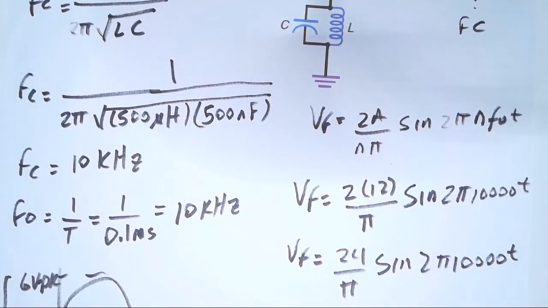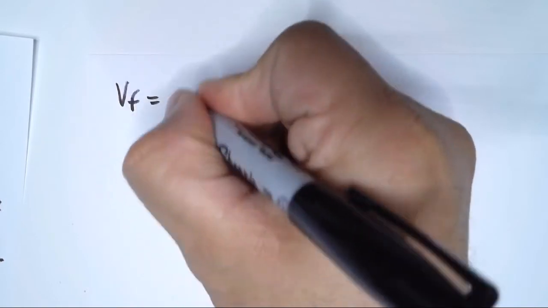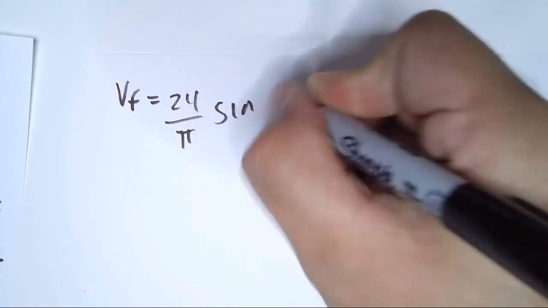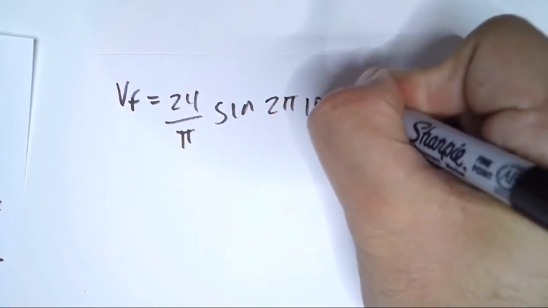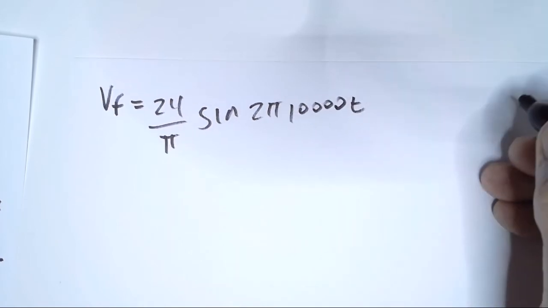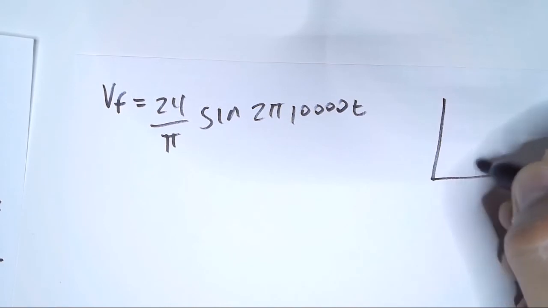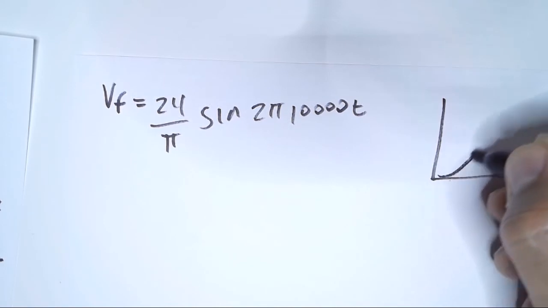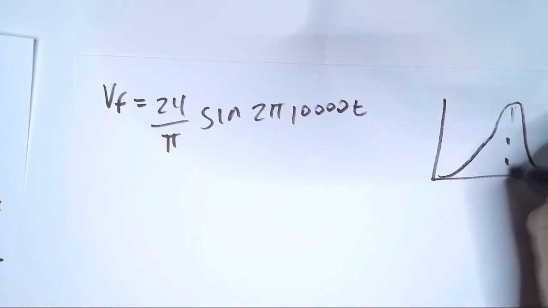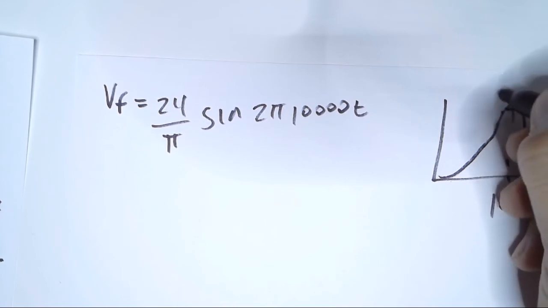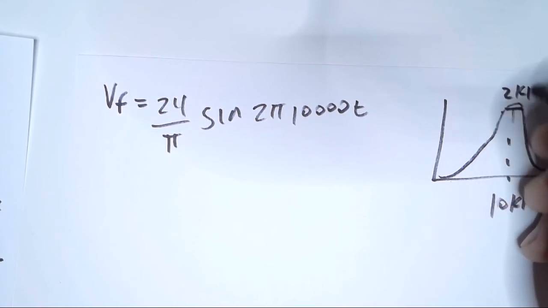Let me copy that: 24 over pi times sine of 2 pi 10,000 t. We have that our bandpass filter has a center frequency of 10 kilohertz and a bandwidth of 2 kilohertz.